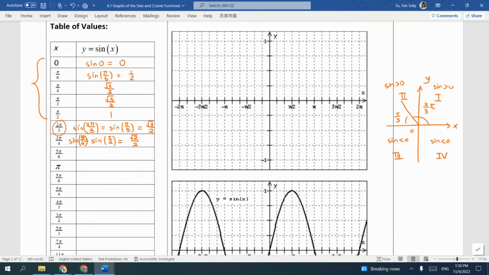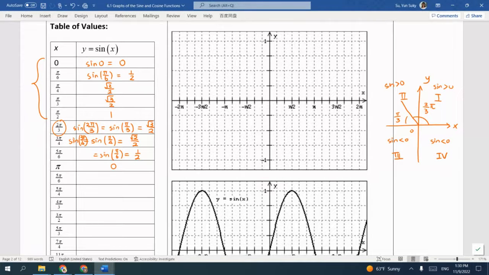Pi over 6. So this equals sine of pi over 6, right? And sine of pi over 6? Yeah, 1/2. And what's sine pi? 0. Very good. Because at pi, you see the y coordinate is 0, so that's why sine is 0.